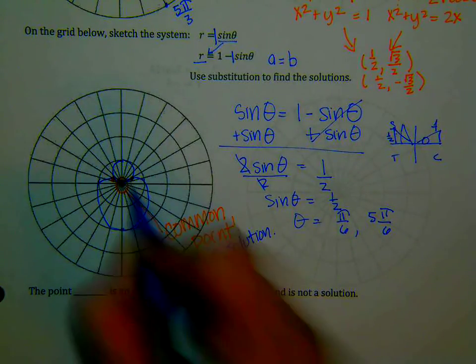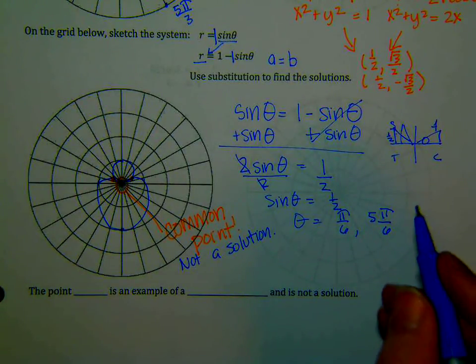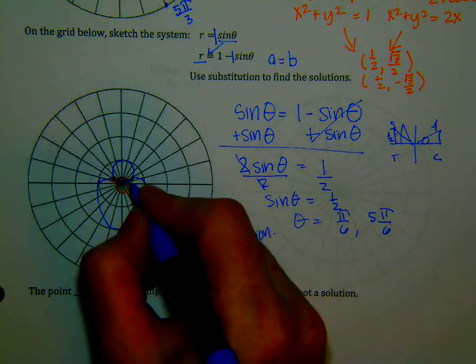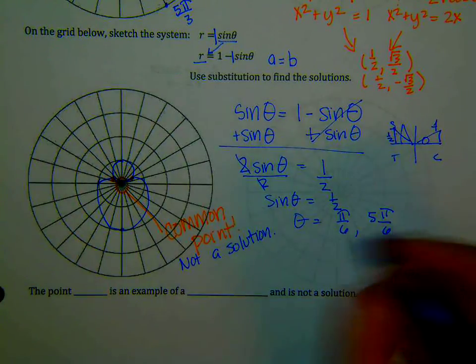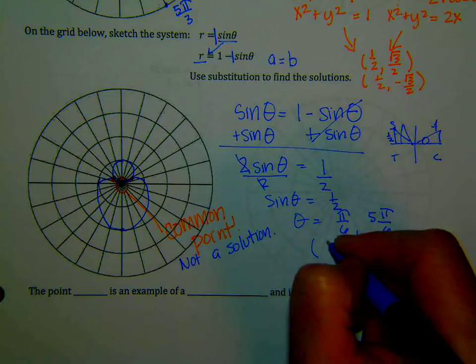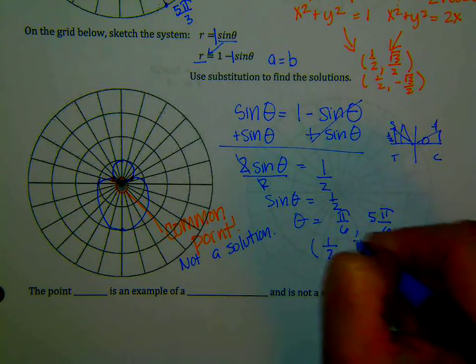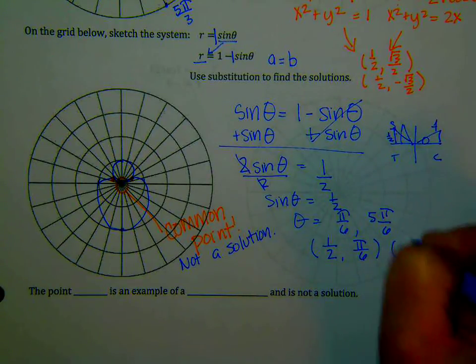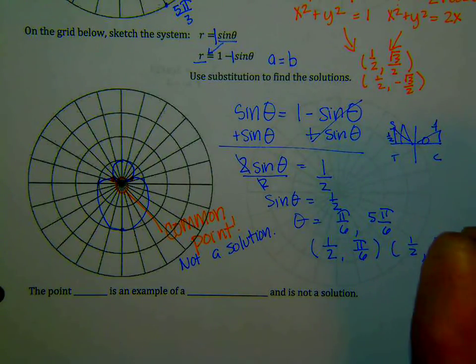When we look at our graph, we see that the r value is 1/2. So our solutions are 1/2, pi over 6, and 1/2, 5 pi over 6.